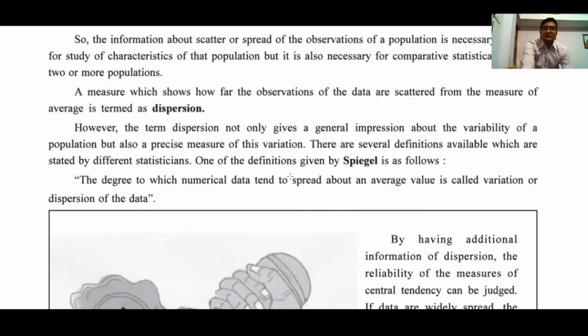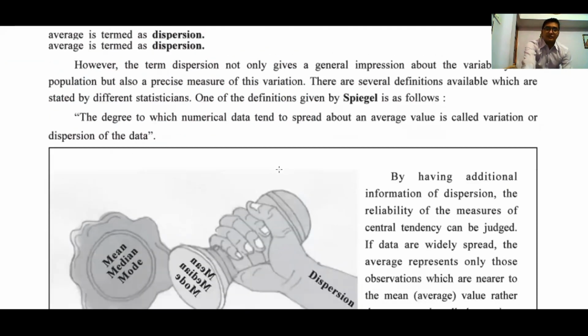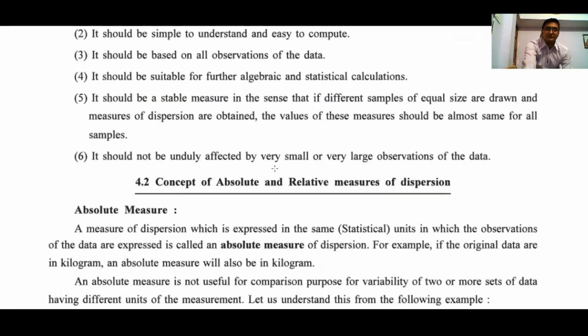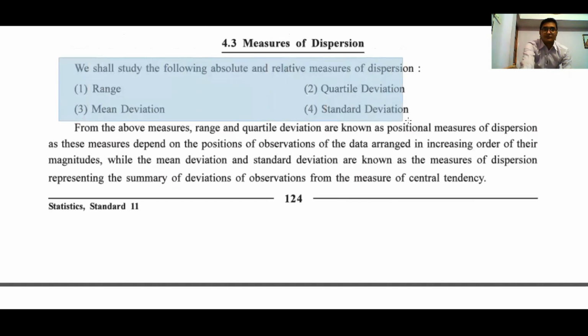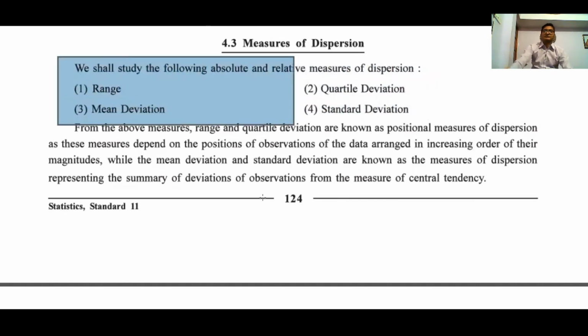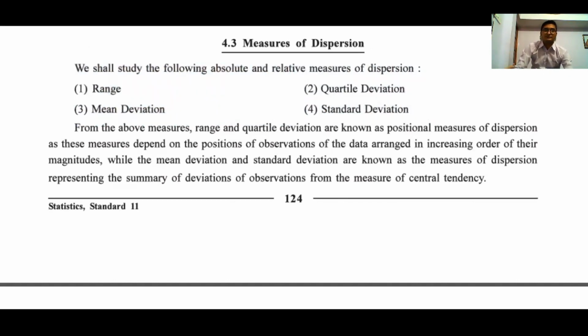Then there are some techniques to measure dispersion, and the four most important techniques are: first, range; second, quartile deviation; third, mean deviation; and fourth, standard deviation.